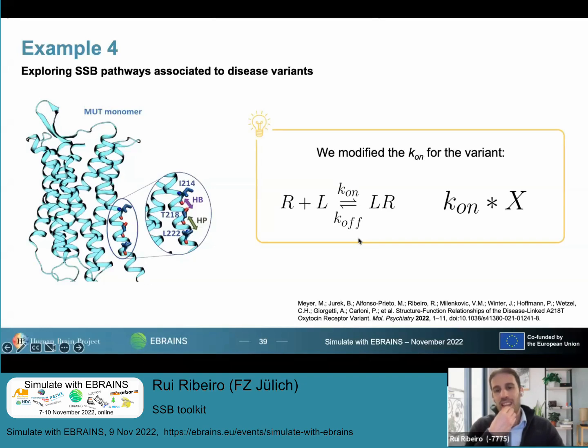So we came up with the idea to change some parameter that could also be related to a change of this activation state. The idea was to iteratively change the forward constant of the reaction that describes the binding of the receptor to the G protein, instead of the binding of the receptor to the ligand.